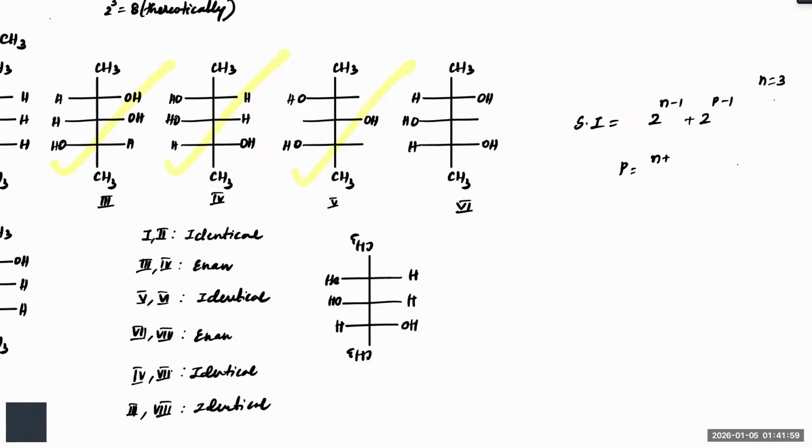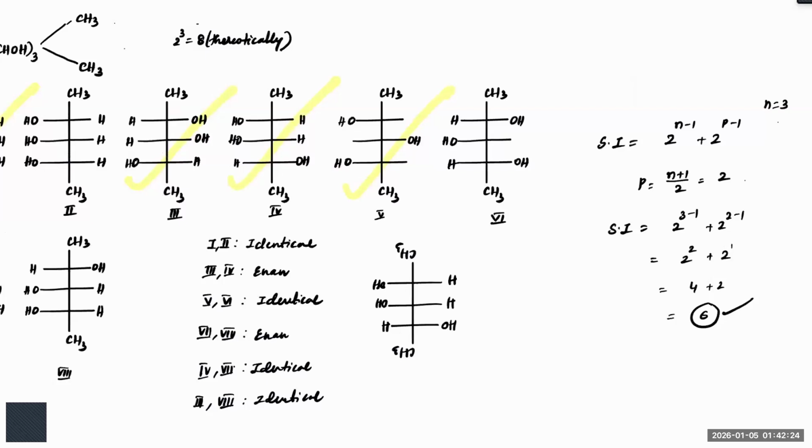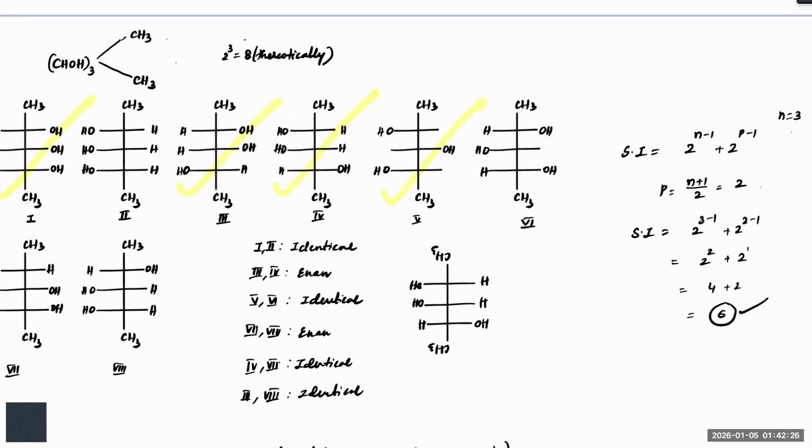For odd number, p calculation is n plus 1 by 2, so that is 2 here. So number of stereoisomers should be 2 raised to power of 3 minus 1 plus 2 raised to power of 2 minus 1. So this is 2 raised to power of 2 plus 2 raised to power of 1, which is 4 plus 2, 6. 6 is what we expect, but actually what answer did we get? We got only 4.